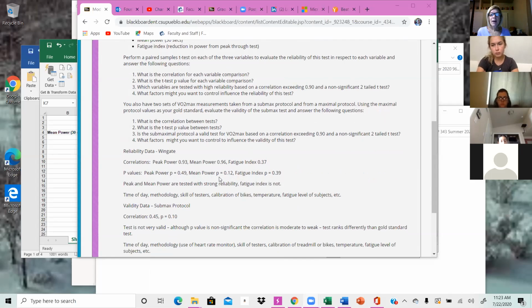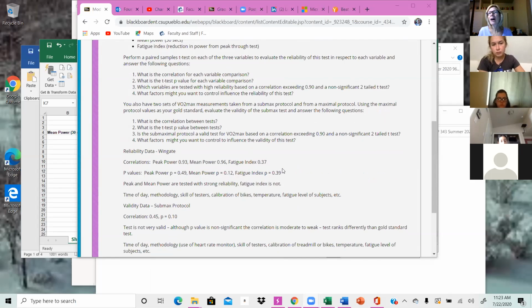Then we saw the mean power probability was 0.12, so not below 0.05, and the fatigue index was 0.39 on the probability, not below 0.05. So none of these p-values were significant. There was no significant difference.